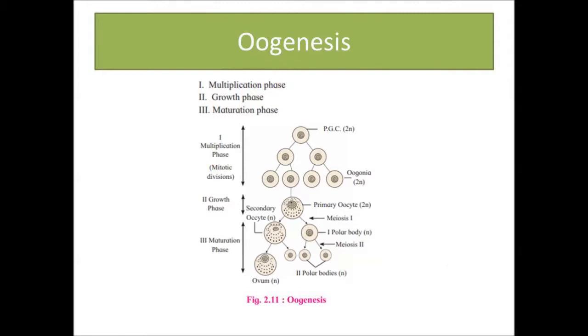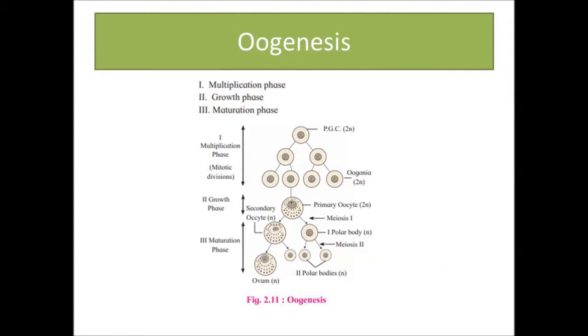In this stage, the primary germinal cells, which are diploid in number, in the ovary undergo repeated mitotic division to form millions of gamete mother cells. These gamete mother cells are also known as oogonial cells. These are also diploid in number. This process is completed in the embryonic stage of human females.